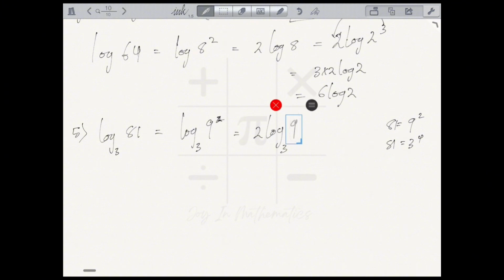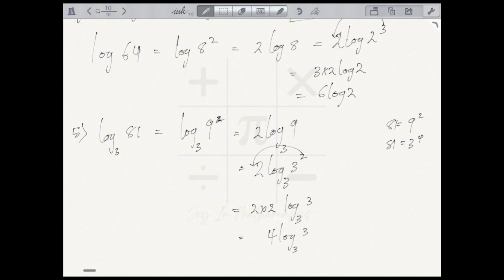Now 9 is 3 raised to the power of 2. Therefore this 2 again will come to the back as it was before, so it will become 2 multiplied by 2 log 3 to base 3. Now this will give us 4 log 3 to base 3.